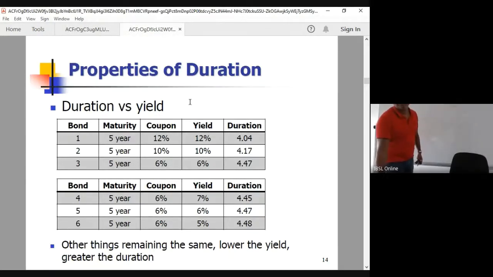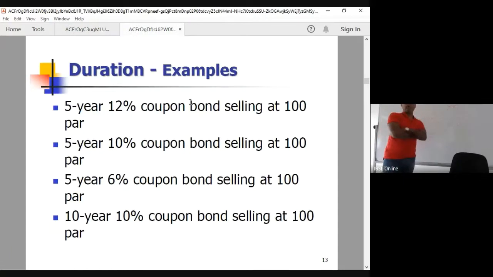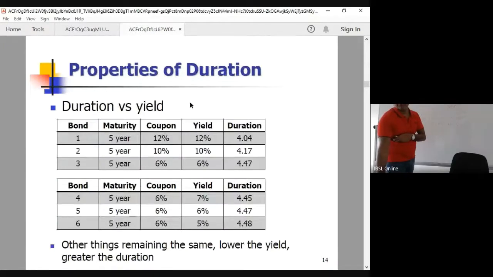So these are the first three bonds we discussed. 5-year bond, 12% coupon, 100 par. 5-year bond, 10% coupon, 100 par. And then there's a 10-year bond selling at 100 par, which we have not given the example here for. But basically, the concept is if you are getting a coupon payment in between, your bond is going to give you a lower duration, but it will depend on how much that coupon is.